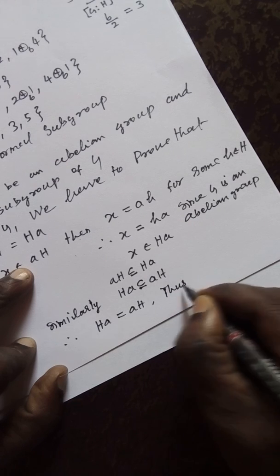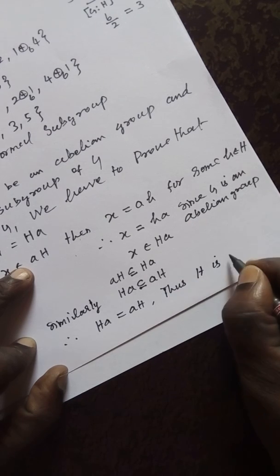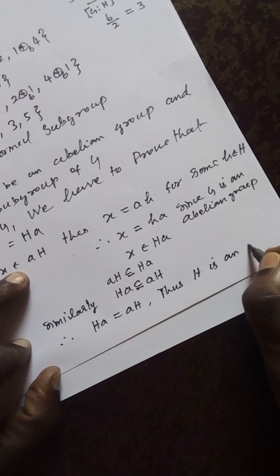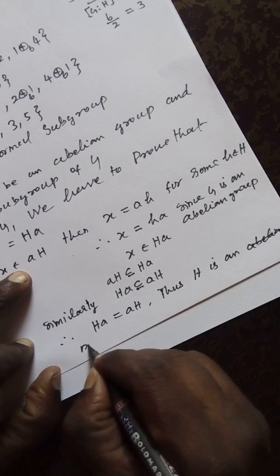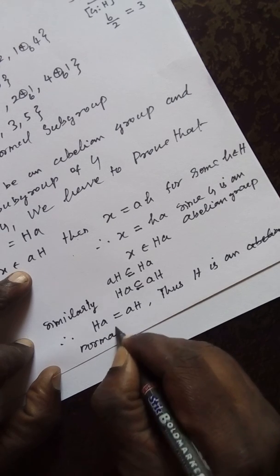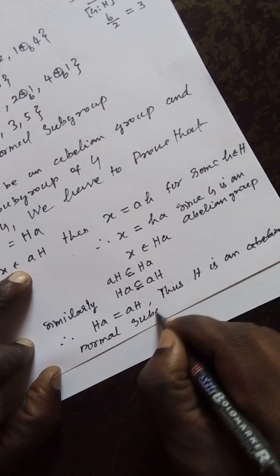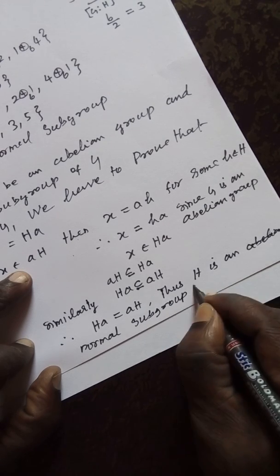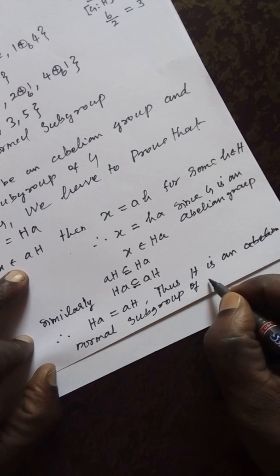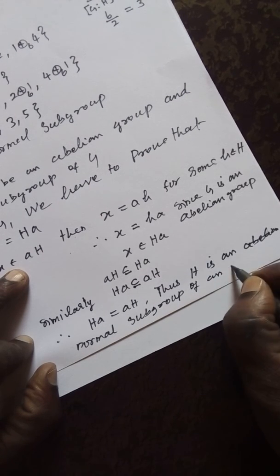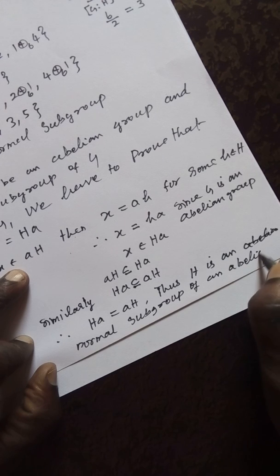Thus H is a normal subgroup of the abelian group G.